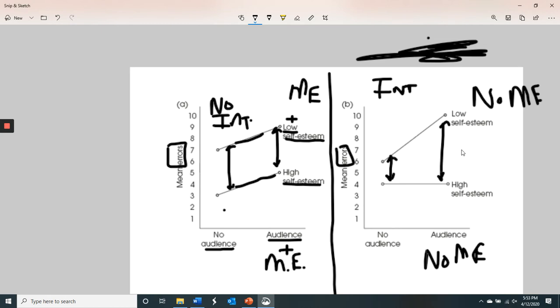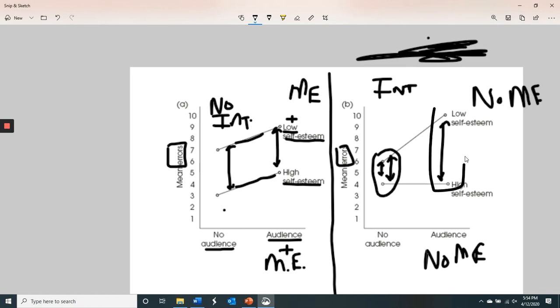We're taking from the self-esteem before, but you say there's an interaction. And you could say that the interaction is such that in the no audience condition, and here I'm going to start writing, in the no audience condition, the difference between low self-esteem people and high self-esteem people was relatively small.